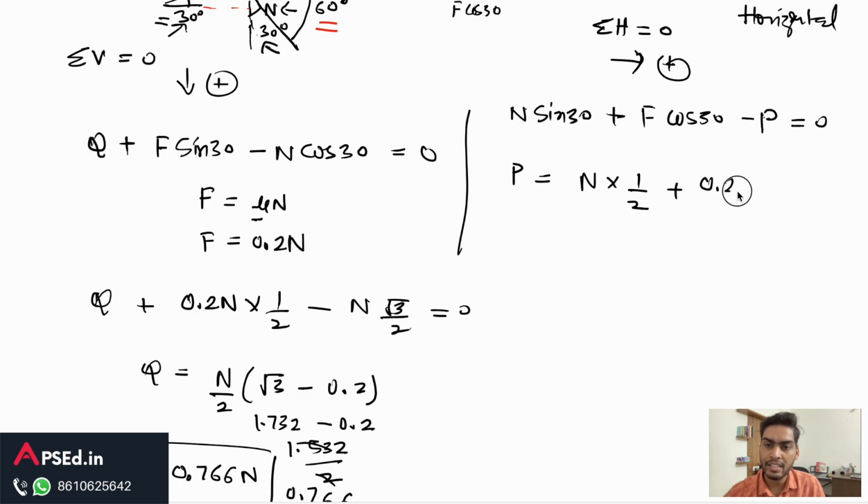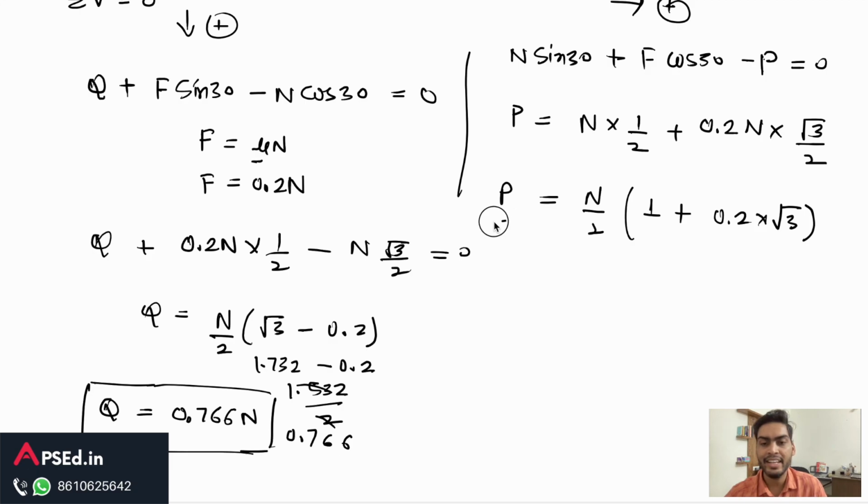So F, as we wrote earlier, is 0.2 N times cos 30, which is root 3 by 2. So we have P is equal to, we can take N by 2 as common, so we will have 1 plus 0.2 times square root of 3.